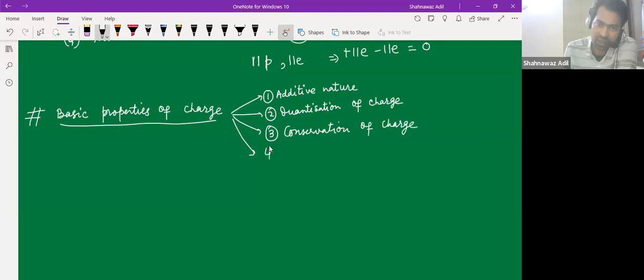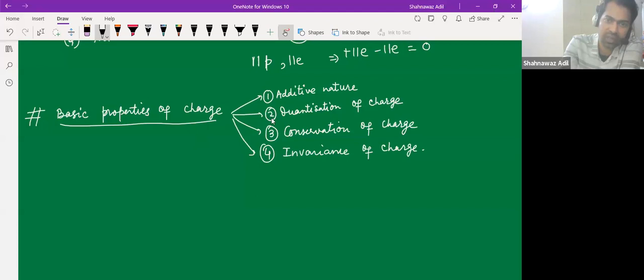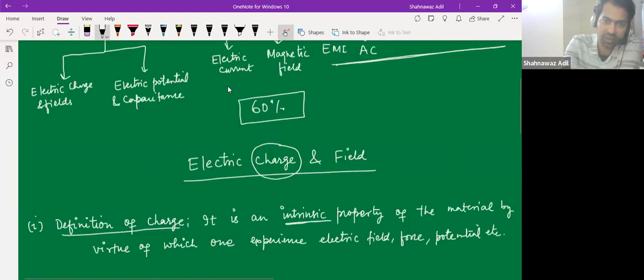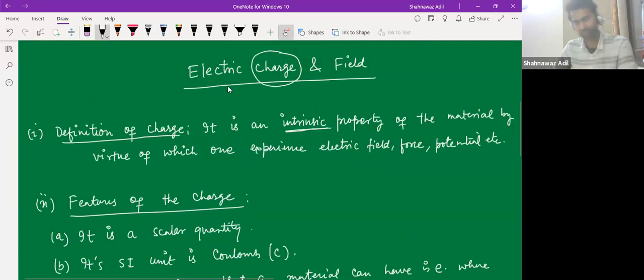And the fourth one is invariance of charge. So these are the basic properties of charge, right? Please note them down, and I will discuss all these four properties. We will start from the basics and then learn in more detail. First we'll do the first basic property, and then we'll talk about the next property of charge.